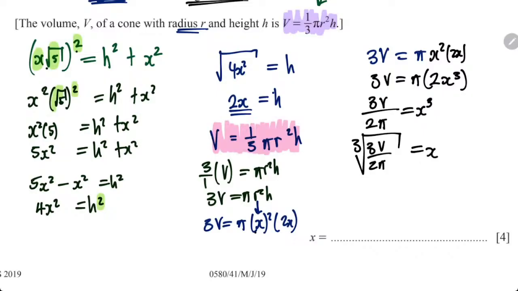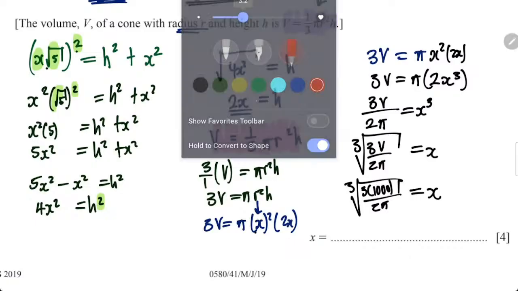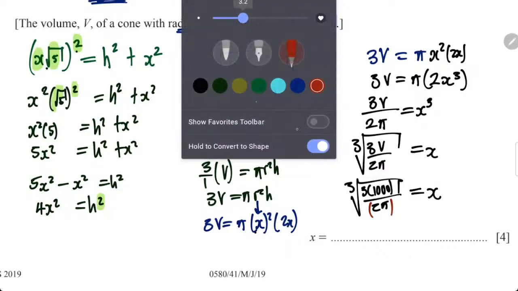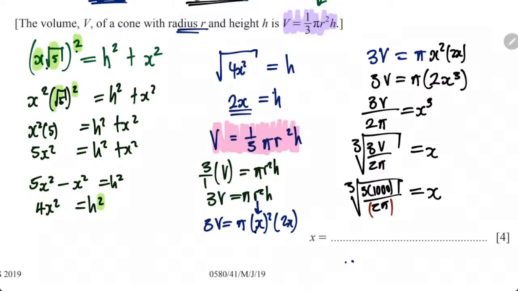So now the cube root of 3 by 1000 over 2 pi. This gives us x. What's the answer? 3 times 1000 divided by open bracket 2 pi. You get an answer, then say cube root. If you want to punch it one time, you say second function x cubed, which brings you this.